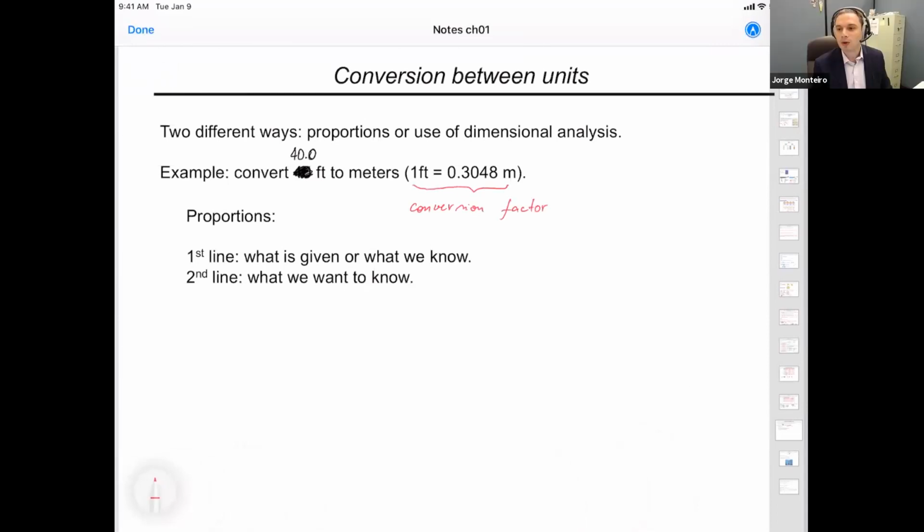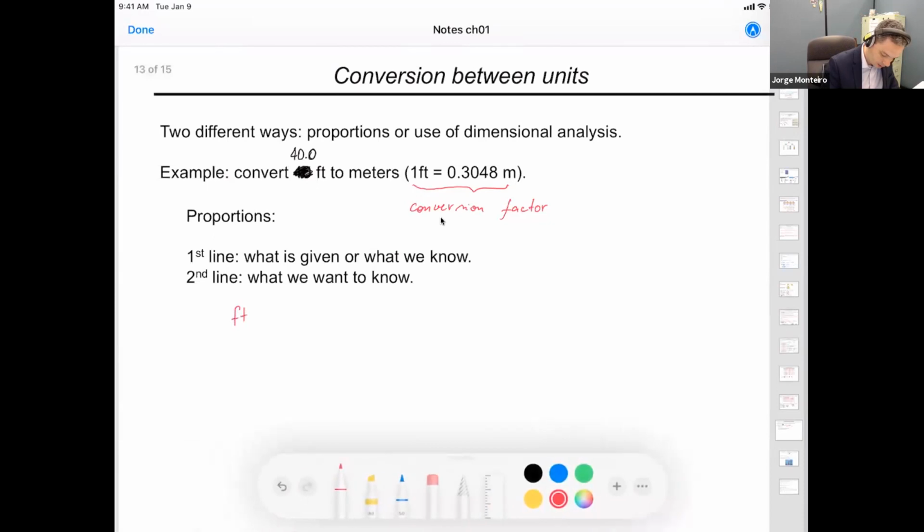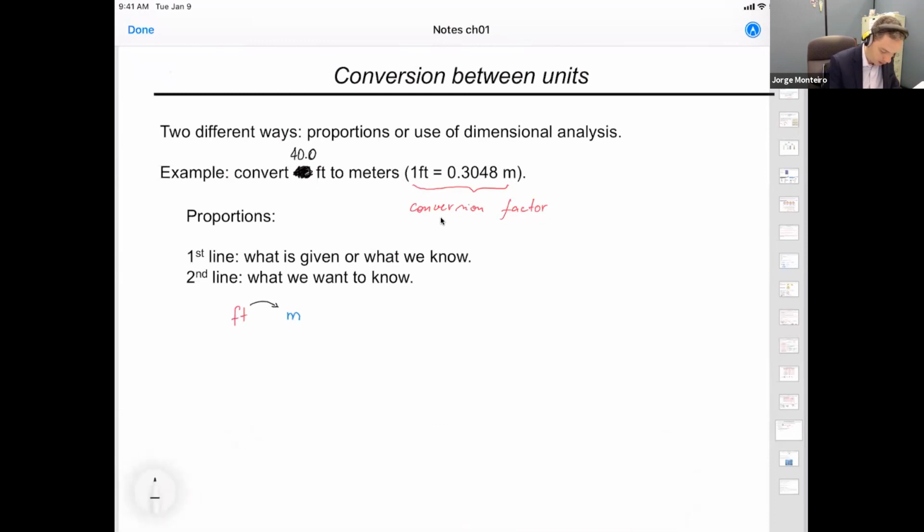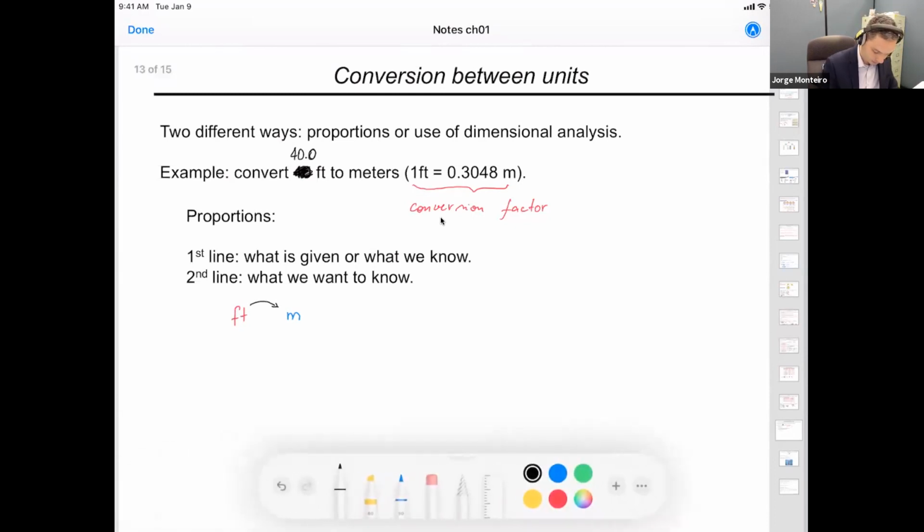If I don't provide you the conversion factor, you need to look it up. All right. So now that I know the conversion factor, what I'm going to do is write two different columns. The first column will have the feet information, and the second column will have the meter information. And remember, I need to transform feet into meters.